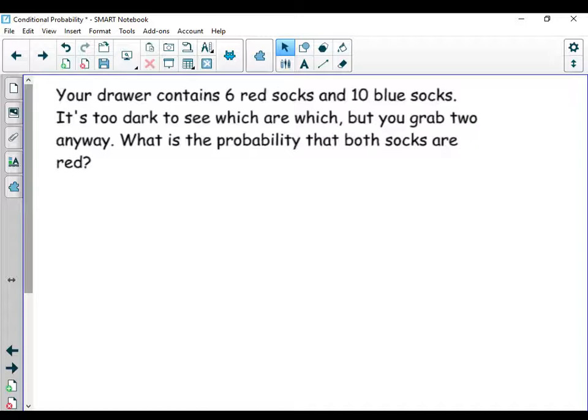All right, so what's the probability that maybe the first sock or one of the socks is red? 37.5%. No, just the probability. Oh, you went ahead and told me a percentage. Yes, okay. So 6 out of 16 chance.